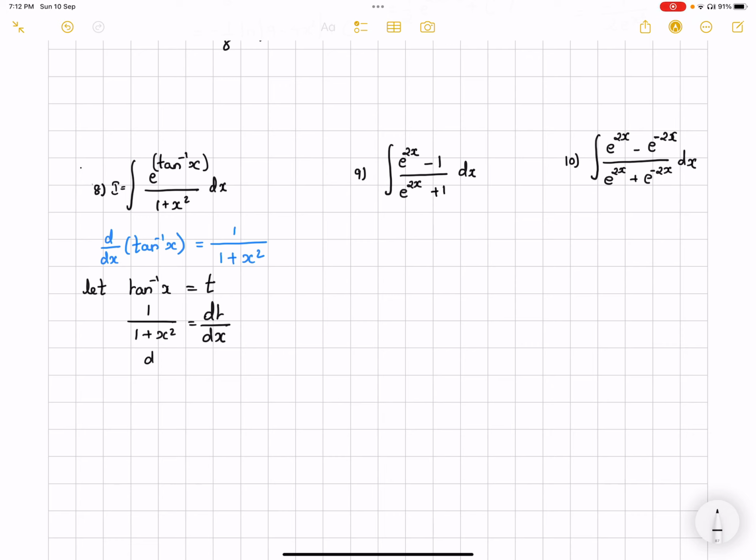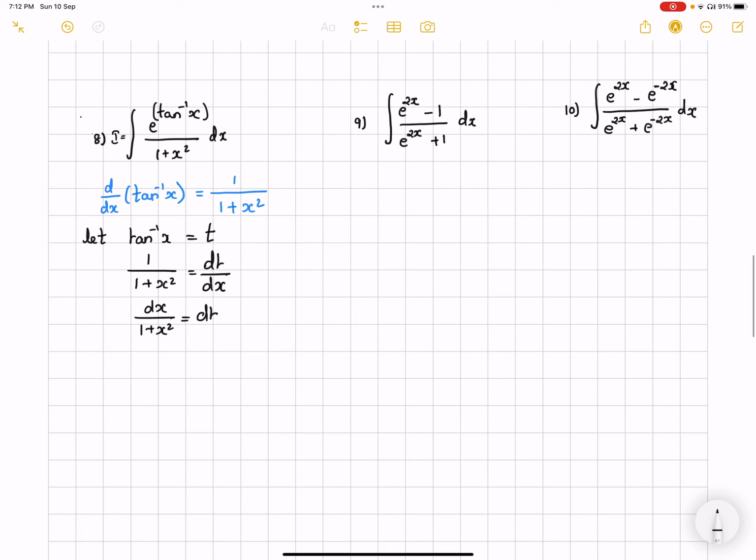And I have dx divided by 1 plus x square in my question, which is getting replaced by dt now. So I is equal to integral of e to the power t dt. That's it. Now let me go ahead and integrate. I would get e to the power t plus c.